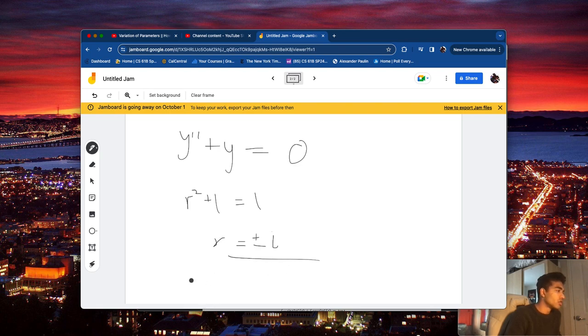This also means that the common solution, or the homogeneous solution, is, since there is nothing here, we won't put anything, it would be sine of x plus cos of x.